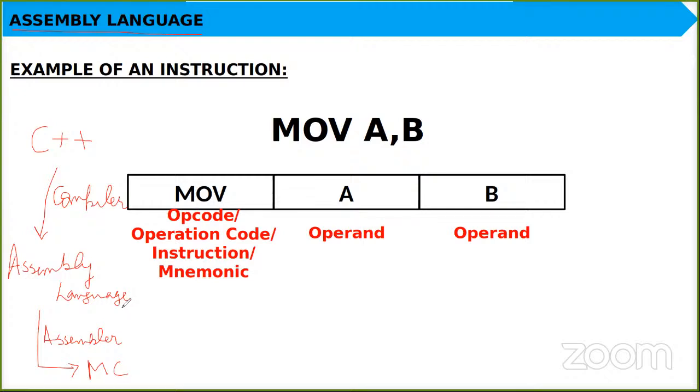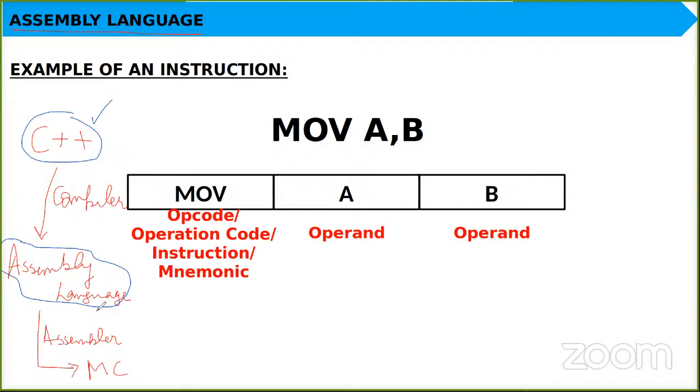Now you can write your code in two ways. You can either write your code in C++, or you can write it in assembly language. आपने अगर C++ में काम किया है, you will require a compiler which will compile the code into assembly, and assembly will turn it into machine code.